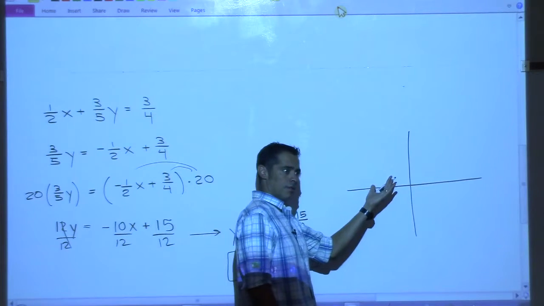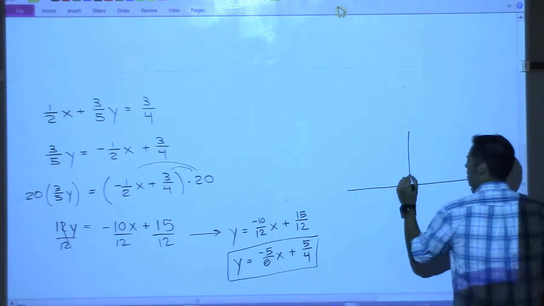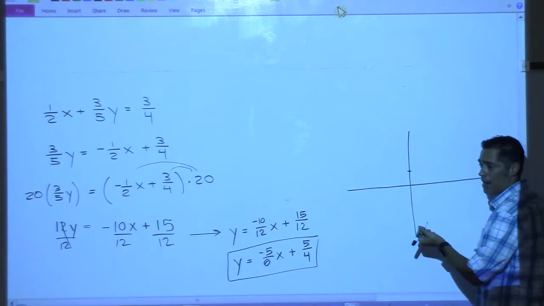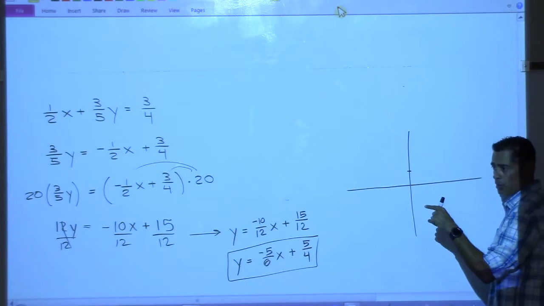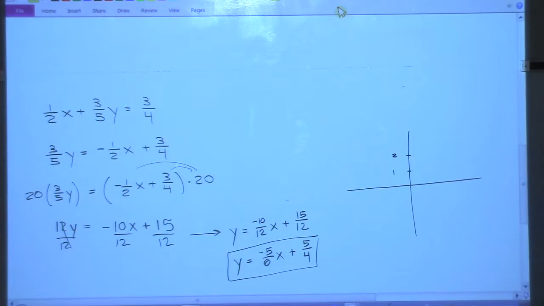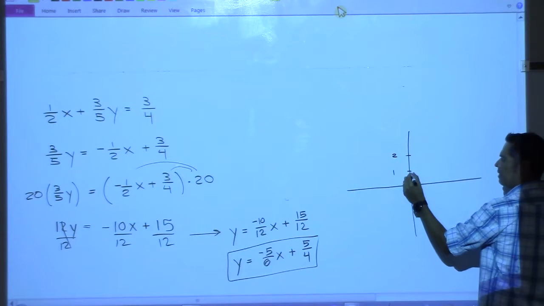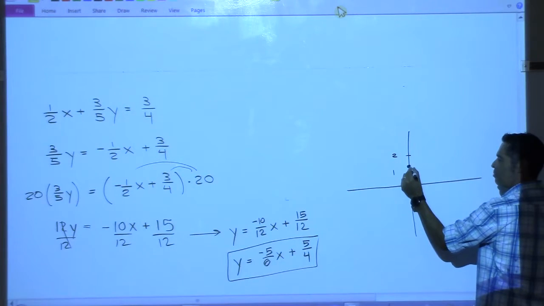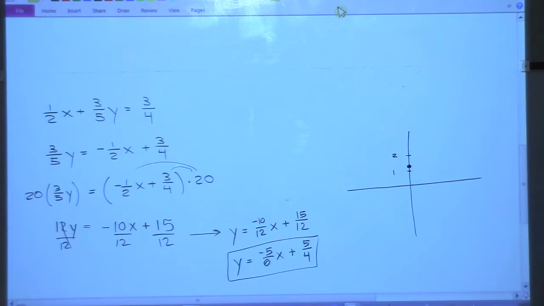Where's 5/4? This might be a time where you'd break your calculator out and do 5 divided by 4. If you do 5 divided by 4, you'll see that it's 1.25. So 1.25 is going to be somewhere around there. So we're going to have to eyeball this, aren't we?